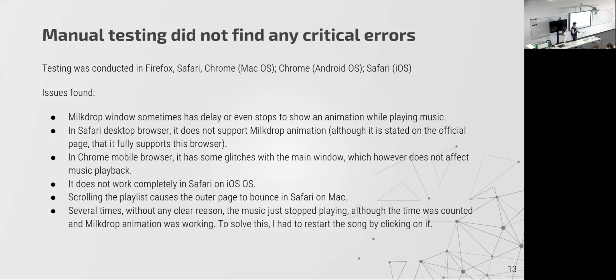Actually, the main lesson is that it didn't find many critical errors, but it did find some minor bugs that can reduce the user satisfaction. It was tested in several desktop browsers on macOS like Firefox, Safari, and Chrome, on the Android platform using the Chrome browser, and on a mobile Safari browser.